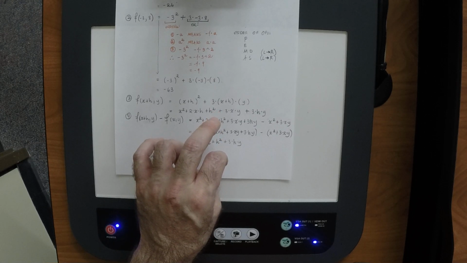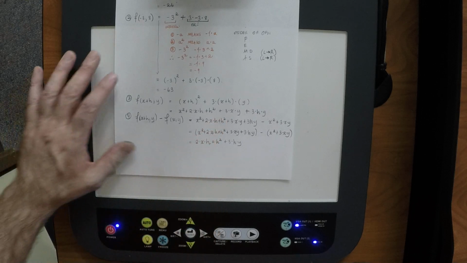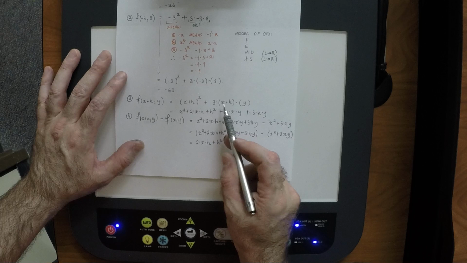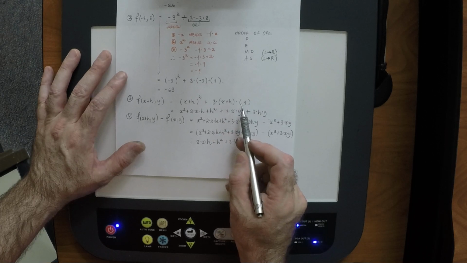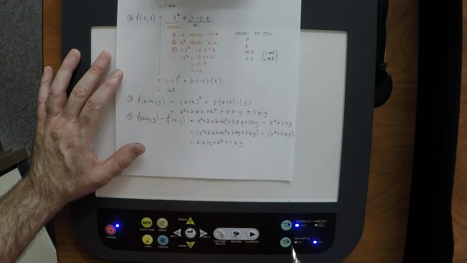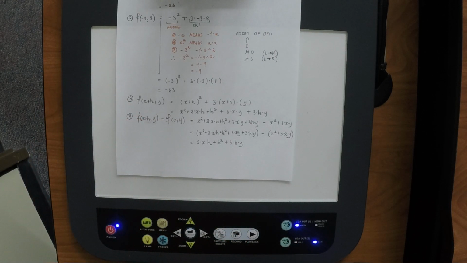What's the exact order? Ah, well, I just kept them in the order that they appeared in. So 3 and then x and then y, and then 3hy. That's all that I did. So when you distribute the 3, you put the 3 also in the parentheses, like 3x plus 3h. Yes, you could do it that way.